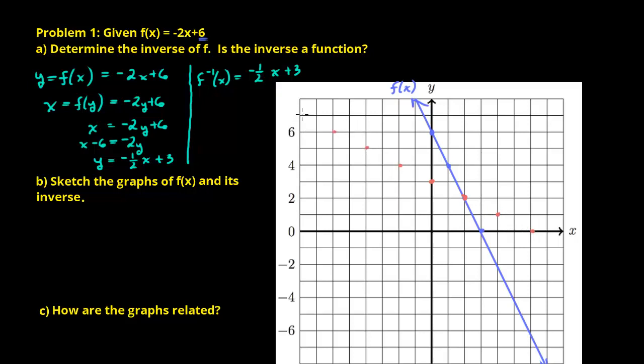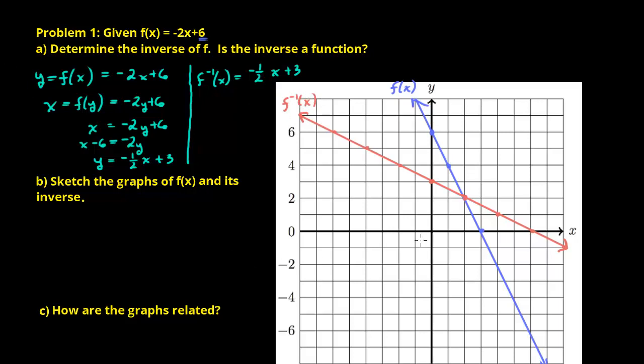So we know that all of these points are on our inverse function. The last thing that we'll do is connect all of these points using a ruler or a straight line feature if you're using a software program. And we'll label it as the inverse function, or the inverse of f. And since the graph passes the vertical line test, the inverse is a function, so I can use function notation.